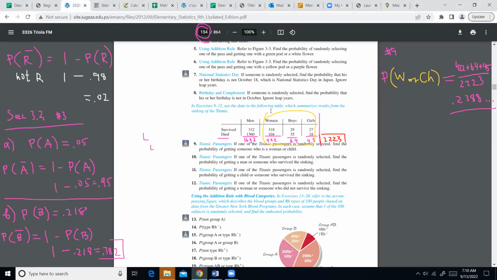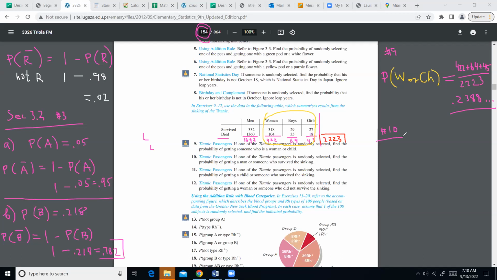That's exercise number 9. So please notice that they ask us about such thing as one or the other. So I put it all together. I highlighted it all in yellow so we can better see what it is that they're talking about.